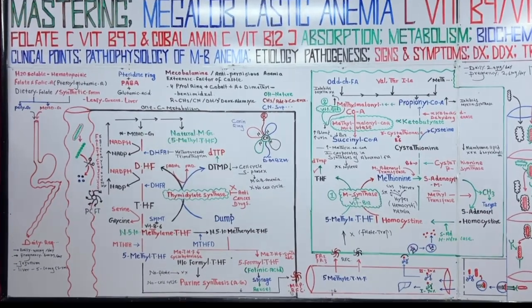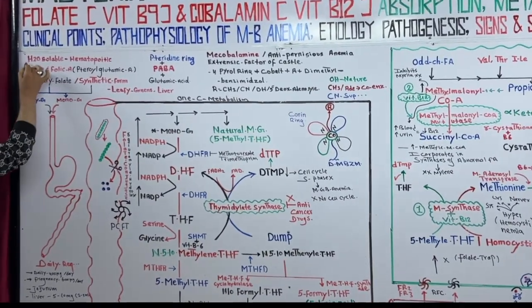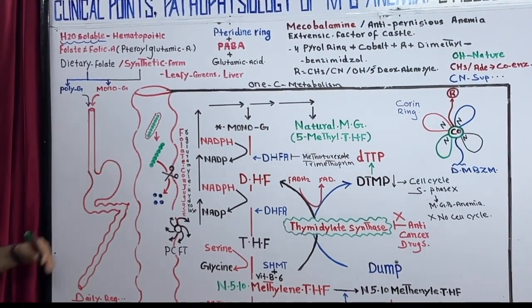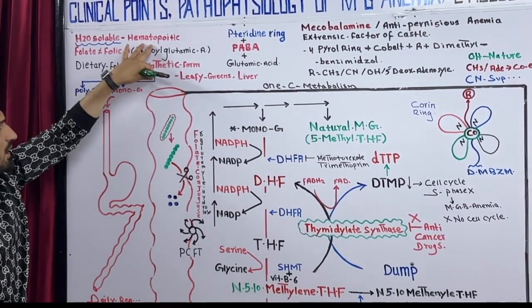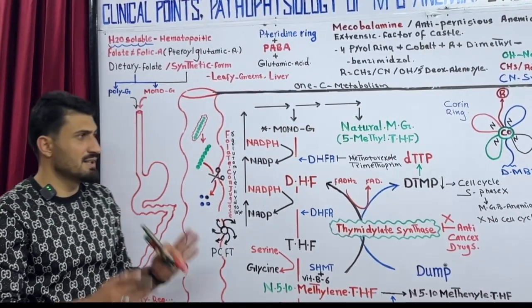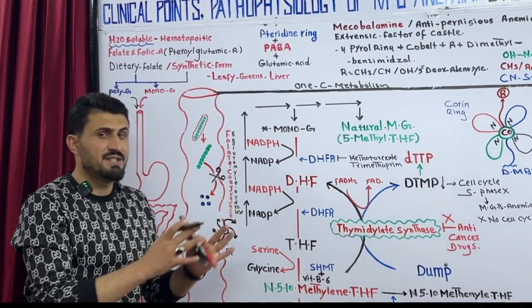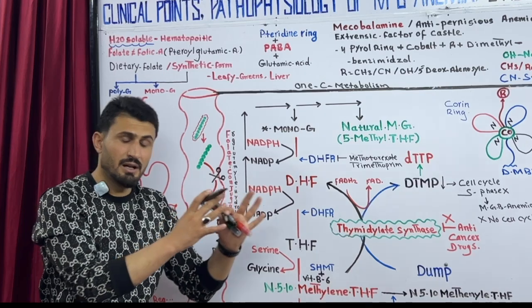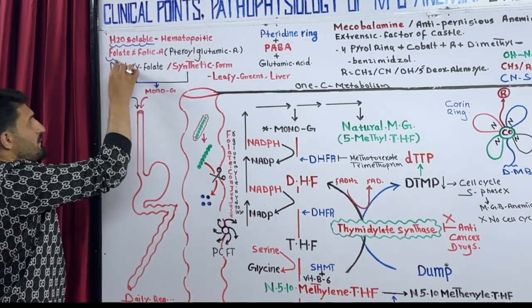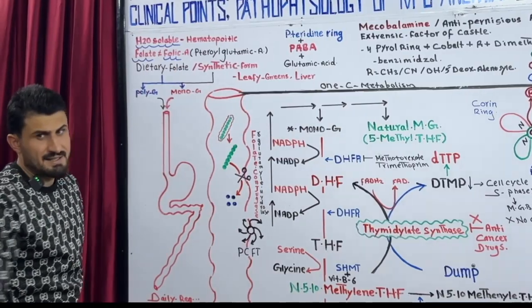First, folate or vitamin B9 is a water soluble vitamin, okay, sometimes also called a hematopoietic vitamin, because it has a role in RBC production or hematopoiesis. We have two terms, one is folate and one is folic acid.